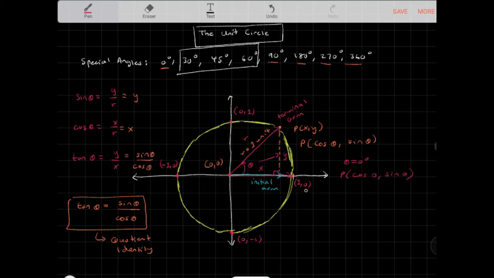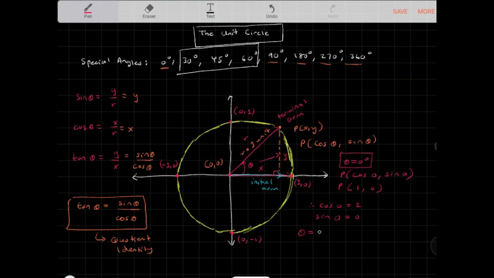Now this is also equivalent to the coordinate in terms of x and y as 1 and 0. You guys see that? So as a result, we can understand that cosine 0 is equivalent to 1 and sine 0 is equivalent to 0. So these are the values associated with cosine 0 and sine 0. Let's try another one. This is when theta is equal to 0 degrees.